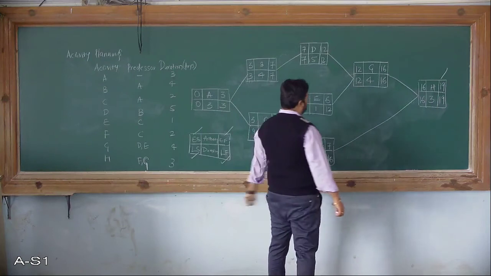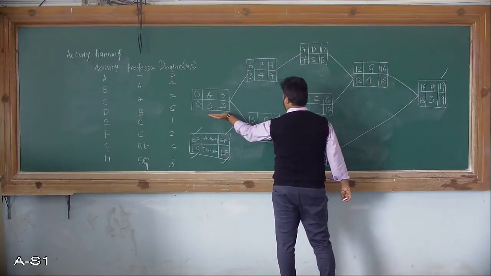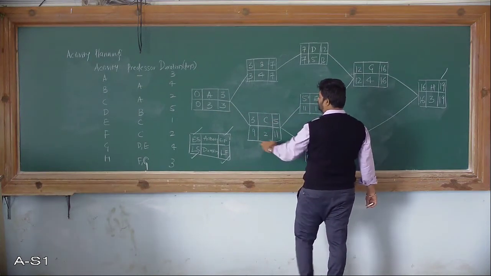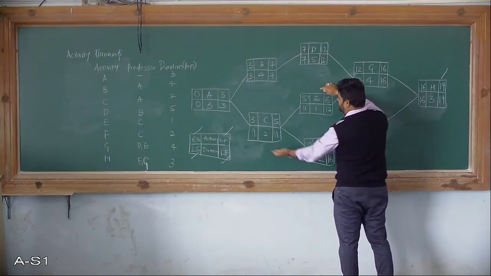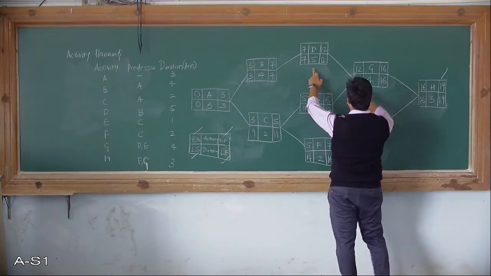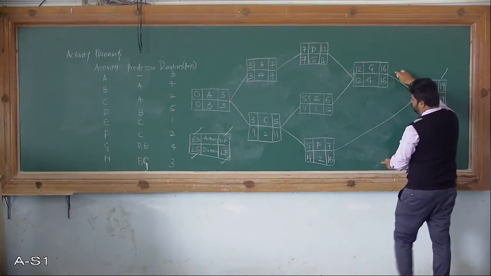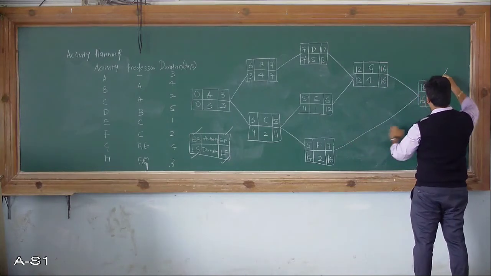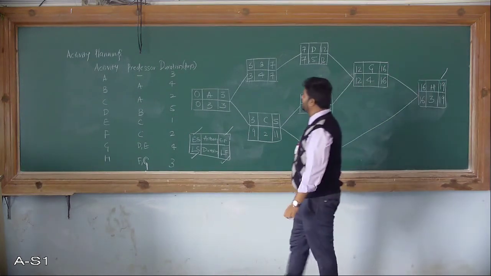So how are they dependent on each other? Activity A gives inputs to B and C, that is, B and C depend on activity A. E and F depend on C, and D depends on B. G depends on both D and E, and H follows G and F. This is how you can allocate the total time duration to the project.